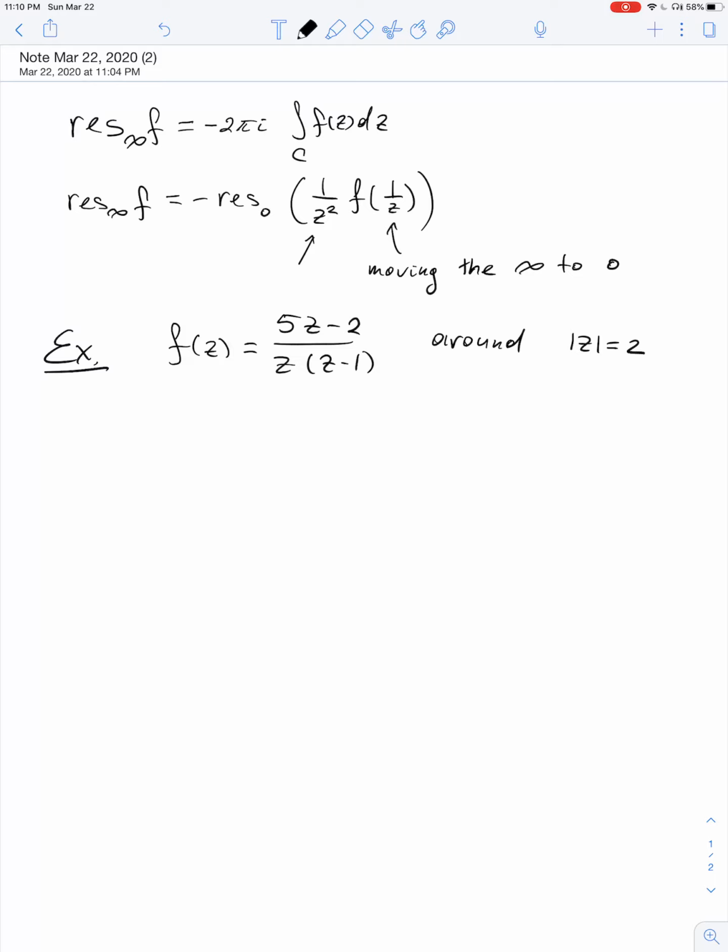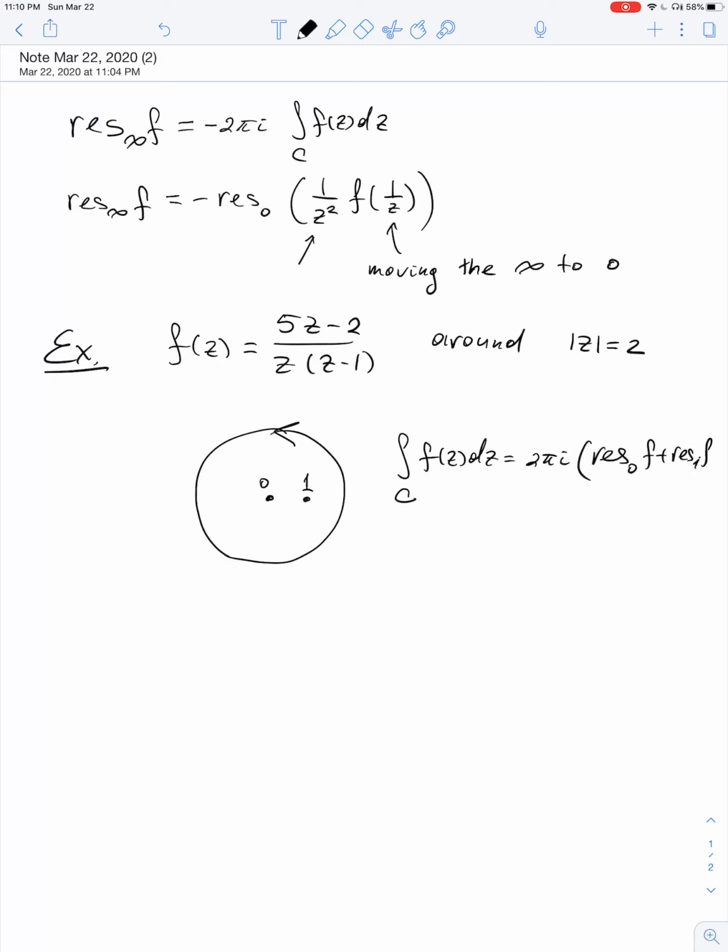The way we integrated it is that we realized that if our circle goes counterclockwise, there are two poles, two residues, sorry, at z equal to 0 and at z equal to 1. And we know that the integral of f of z dz is 2 pi I times the residue at 0 plus the residue at 1.